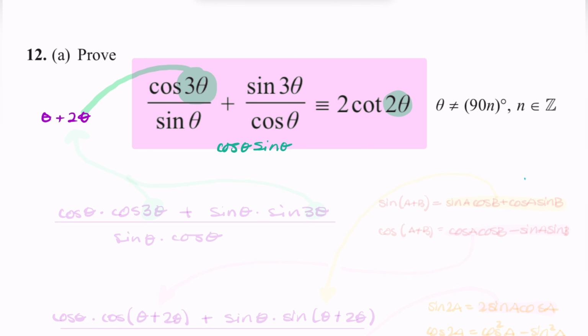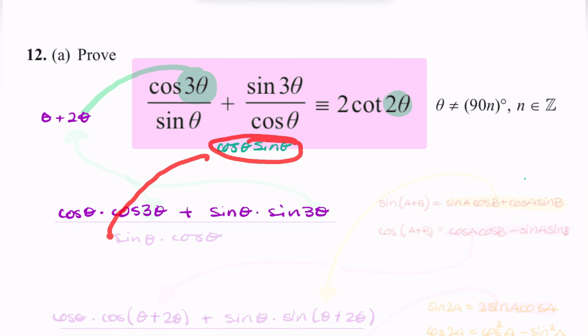So we can now write this as cosine theta times cosine 3 theta plus sine theta times sine 3 theta, all divided by sine theta cosine theta, which is our common denominator.